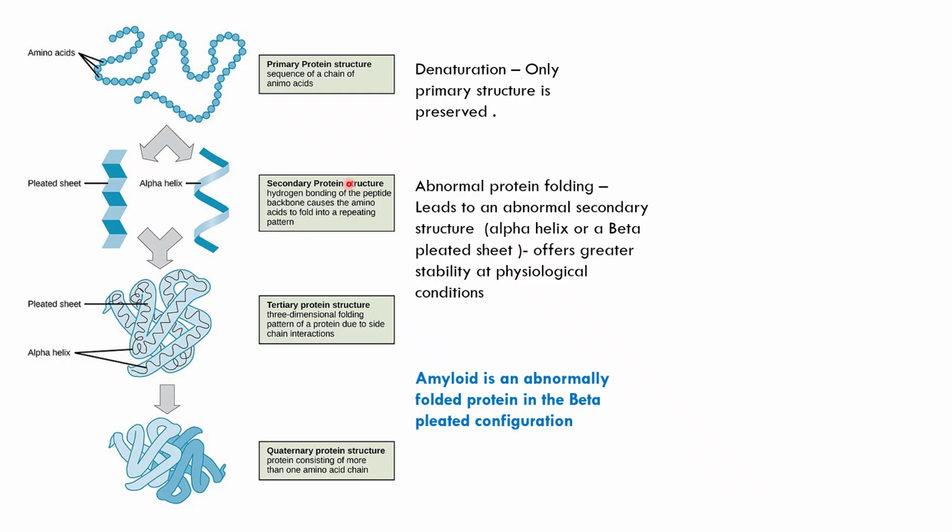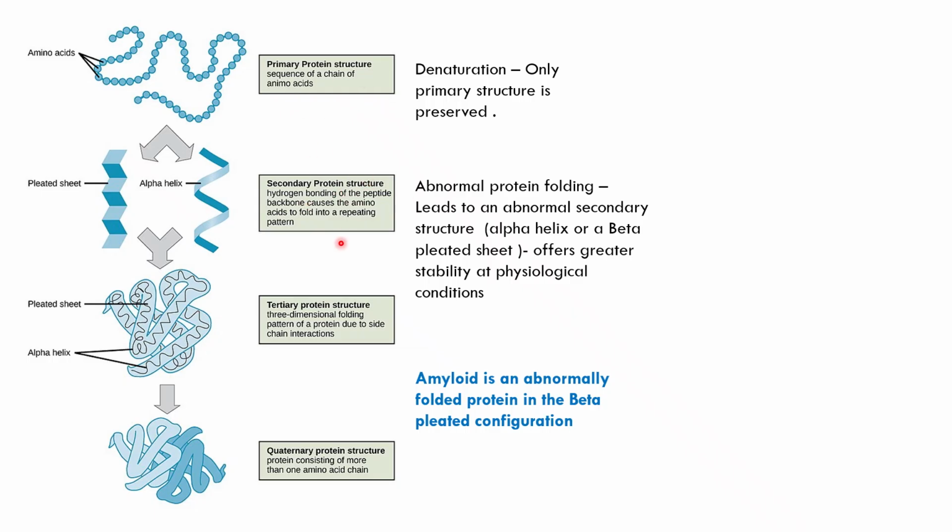What is secondary structure? Secondary structure can be alpha helix and beta pleated. In primary structure, there are only peptide bonds between the amino acids.